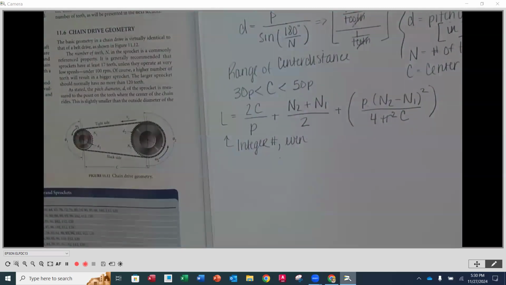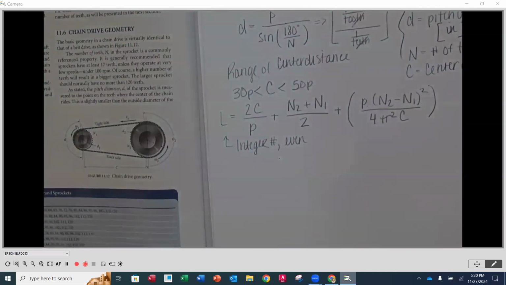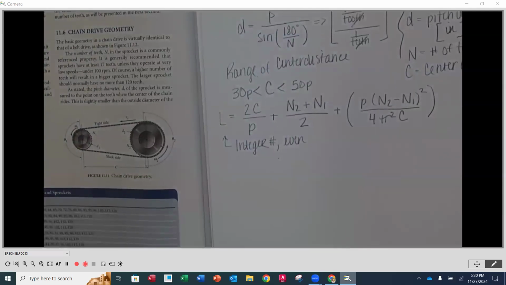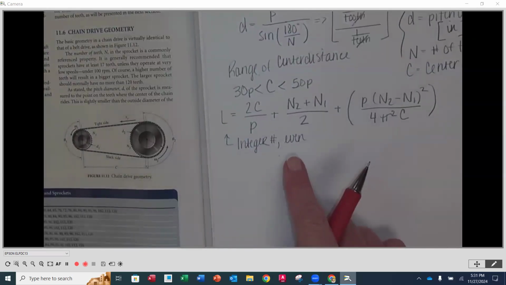That's just one of the requirements. I believe the reason you want it to be even is because that way, as it rotates around, the same tooth doesn't hit the same chain link each time. So even and an integer number.